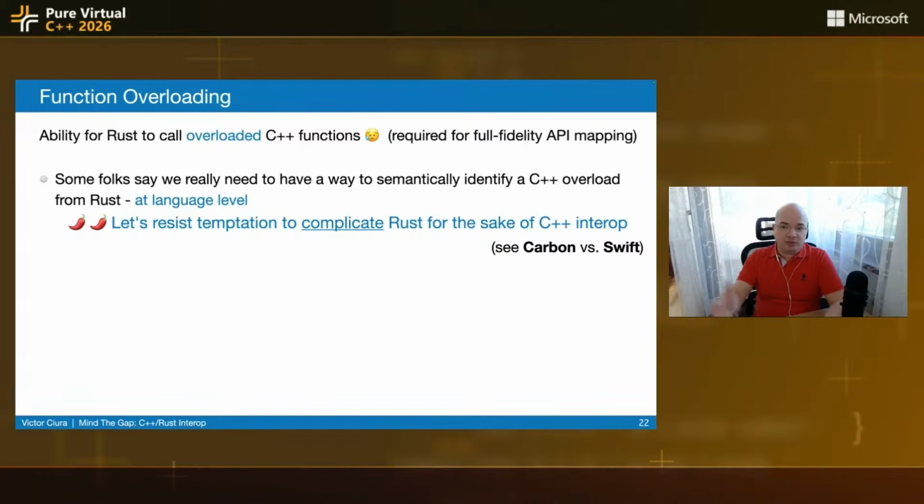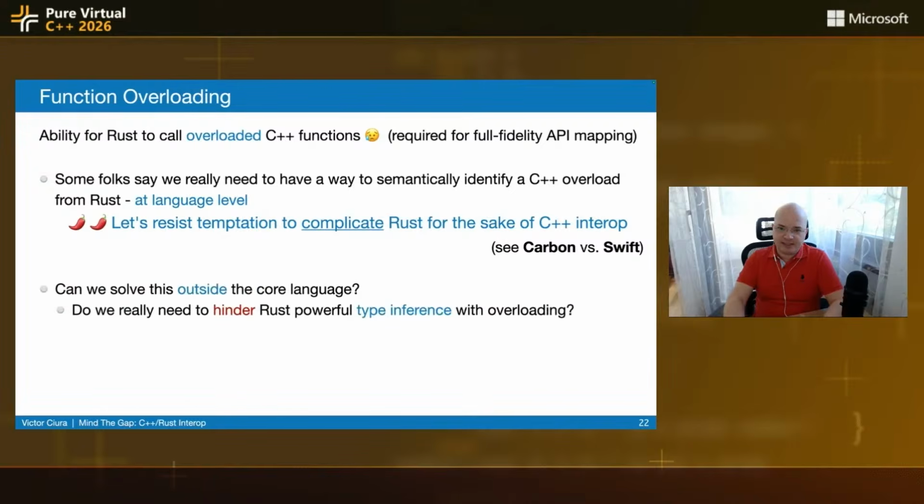And I would urge you to look at how Carbon and Swift approach these matters. They're slightly different. And we have to think, can we really solve this outside the core language so that we don't hinder Rust's powerful type inference with overloading?